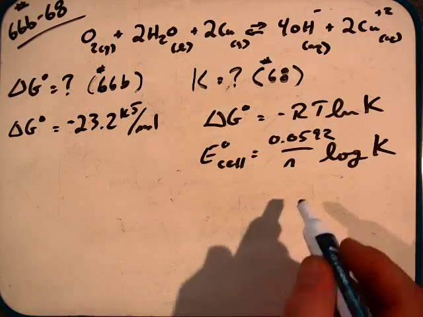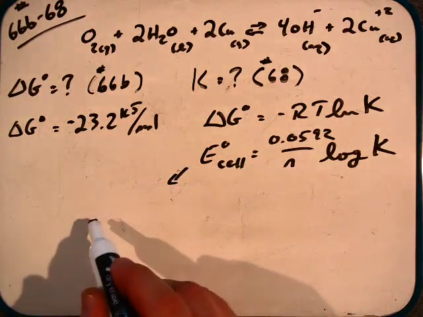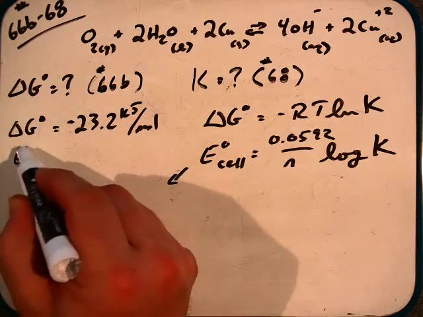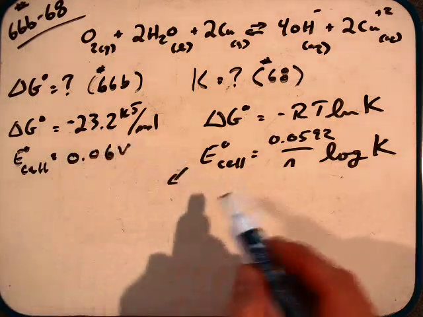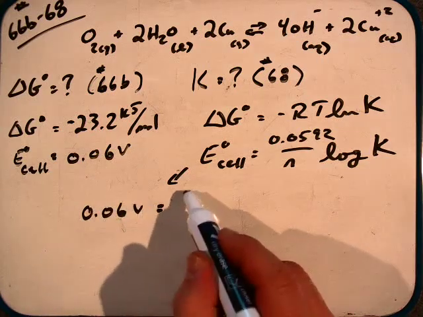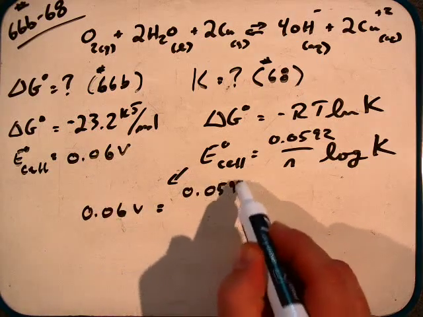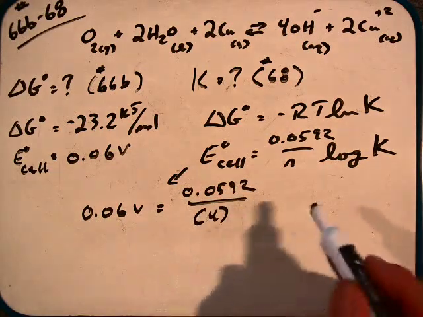And so if we plug in our values that we got from 66B, our cell potential, remember, we calculated to be 0.06 volts. So that's what we're going to put in there. That's equal to that constant over our n. That's still going to be 4.